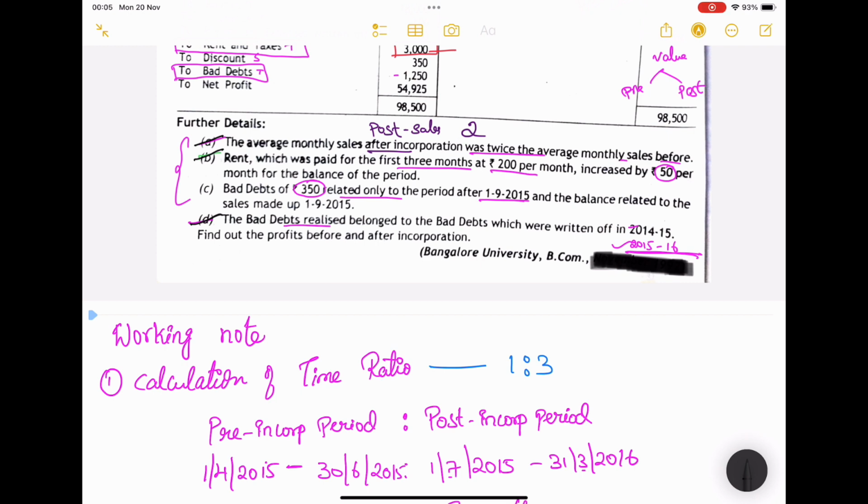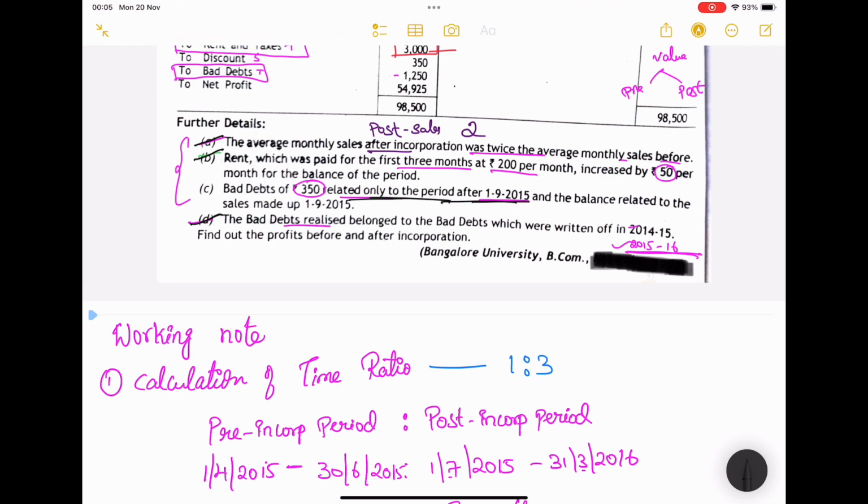Okay. So bad debts for rupees 350 related only to the period of 1/9/2015, which means it is after incorporation, isn't it? So after incorporation, what are we supposed to do? This 350 is fully related to the post incorporation.